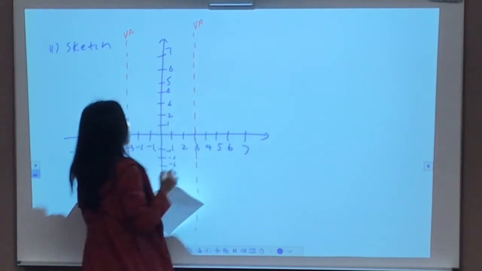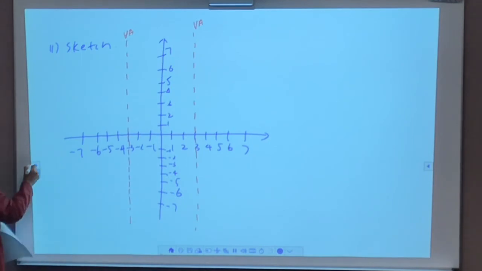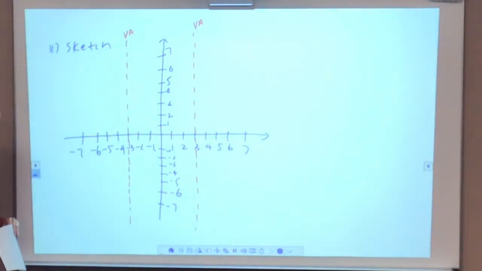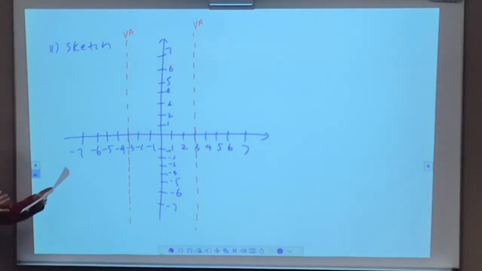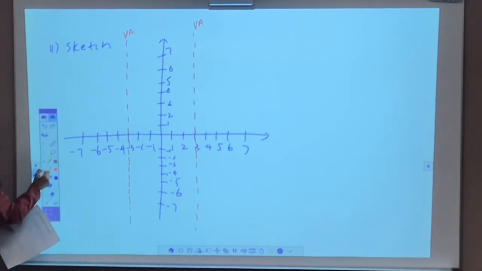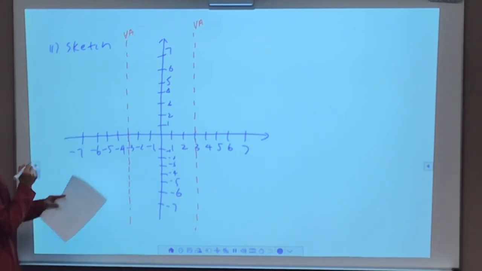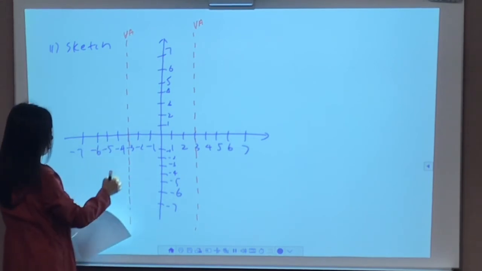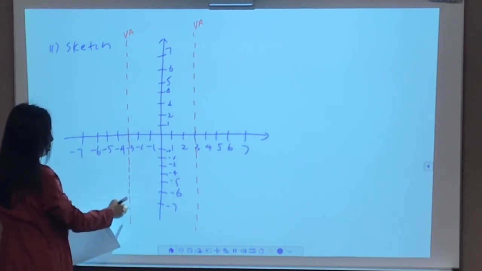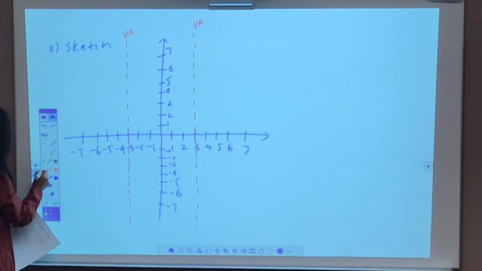What was your horizontal asymptote? I'm going back to number 1 through 10. And what is my horizontal asymptote? It should be 2. Vertical asymptote is negative 2 and 2. Oh, negative 2 and 2? Oh, my goodness, okay.